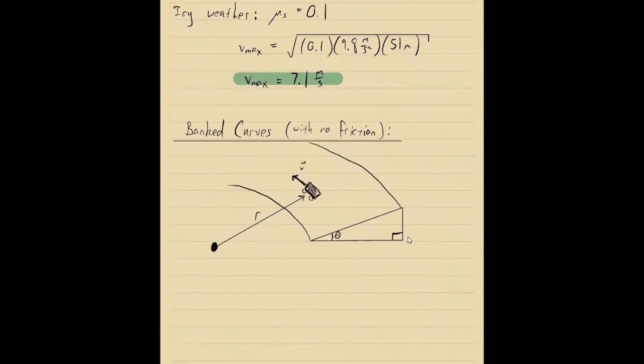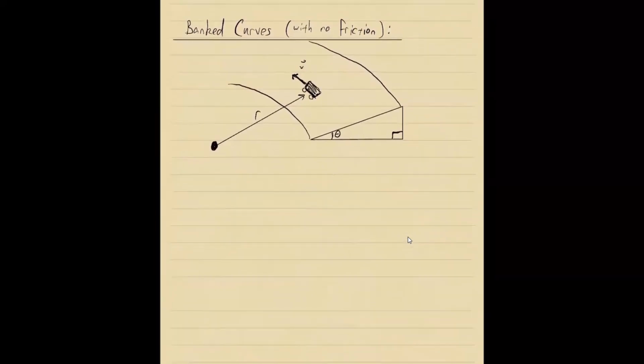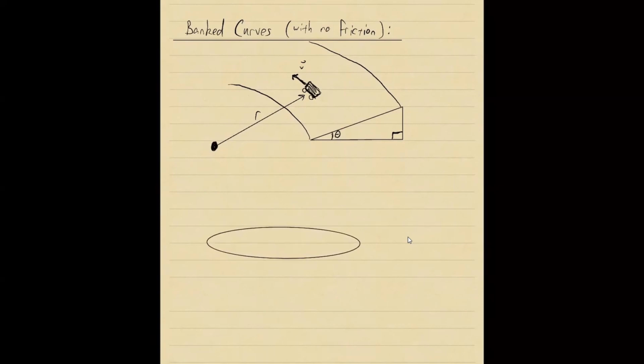So we make a free body diagram of this. So we'll get this from the side. We've got this. This is our circular track, let's say. Here's the center. And then I've got to sort of draw something like this.